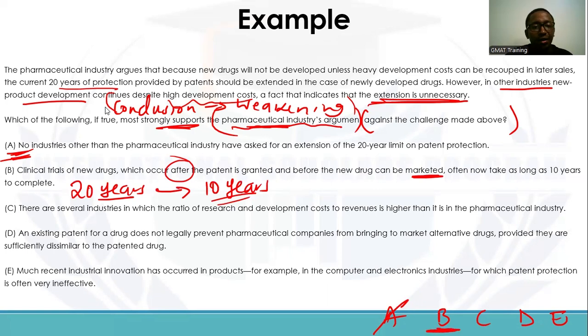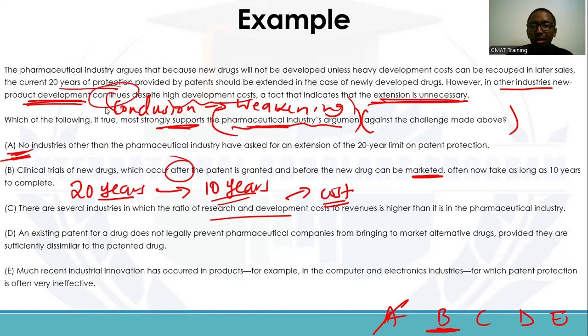C. There are several industries in which the ratio of R&D costs to revenues is higher than it is in the pharmaceutical industry. So here we are talking about costs. So we are comparing pharmaceutical industry costs versus other industry costs. The conclusion we have is that in other industries, new product development continues.